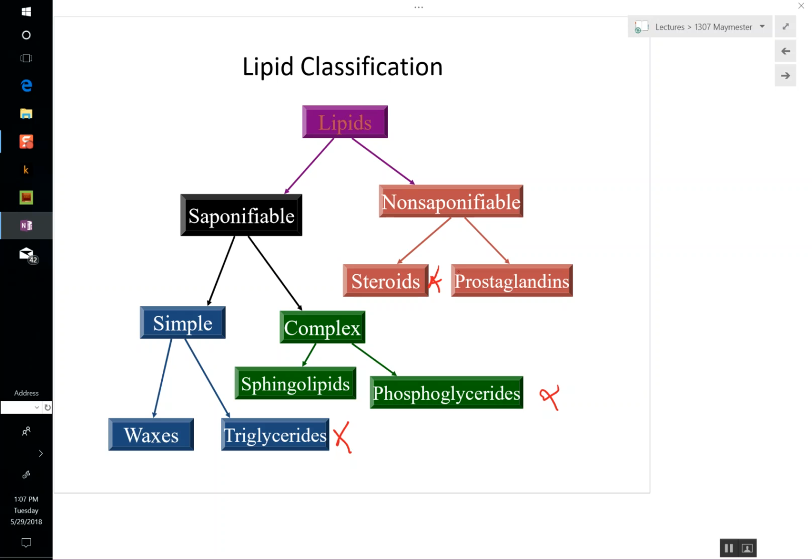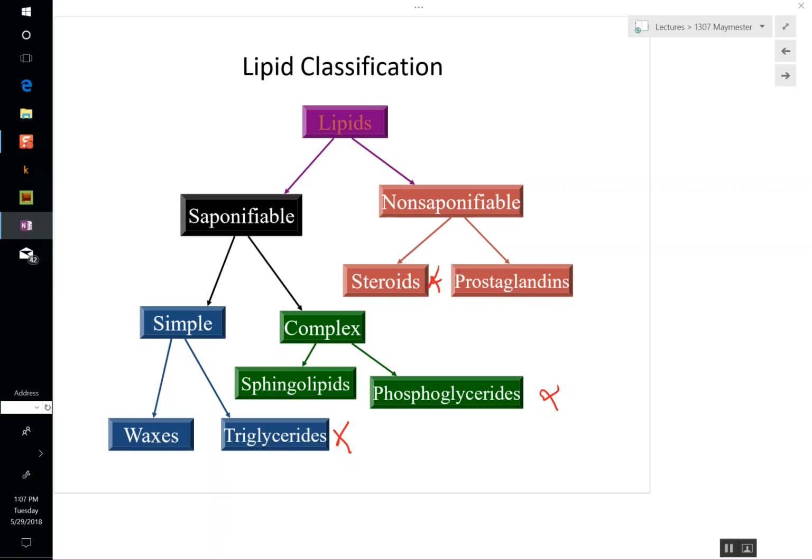So this is a phosphate group, hence phosphoglyceride. Triglyceride, why? There are 3 fatty acids. There's no phospho group on this. Just 3 fatty acids.